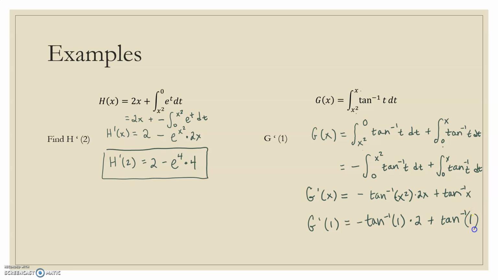Well, tangent inverse of 1 would be pi over 4, the angle that they have the same sign for, same value for, and so then this would be negative pi over 4 times 2 plus pi over 4. So the final answer would be negative pi over 4.